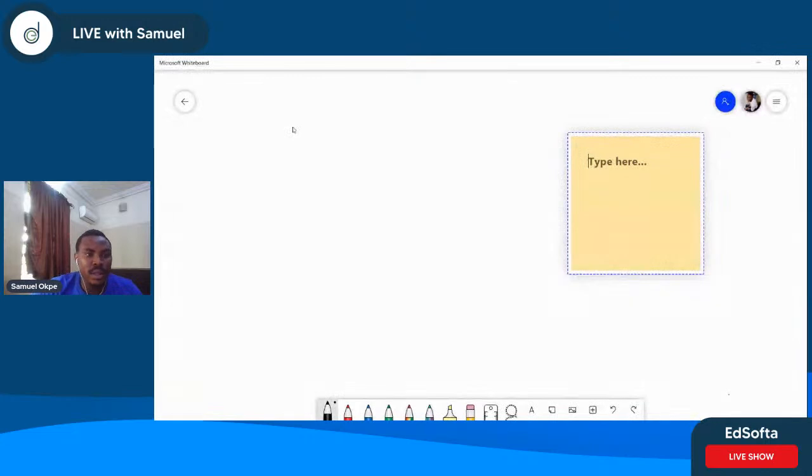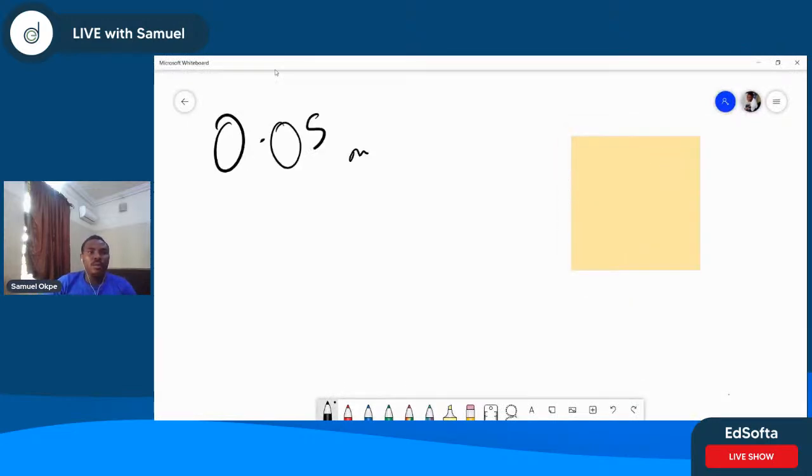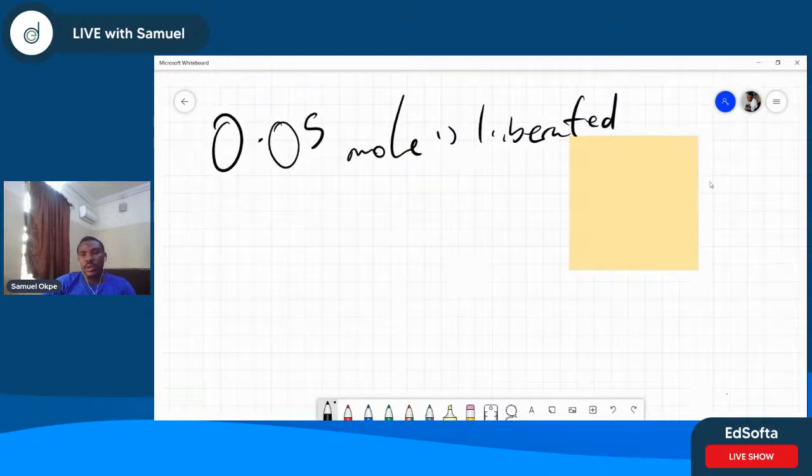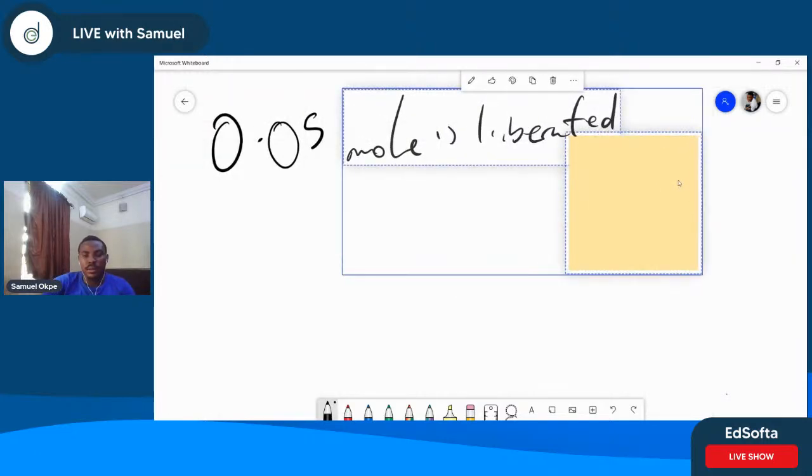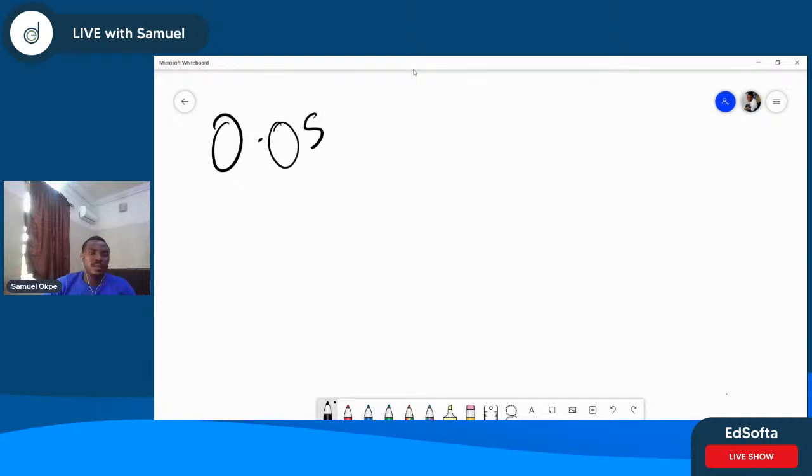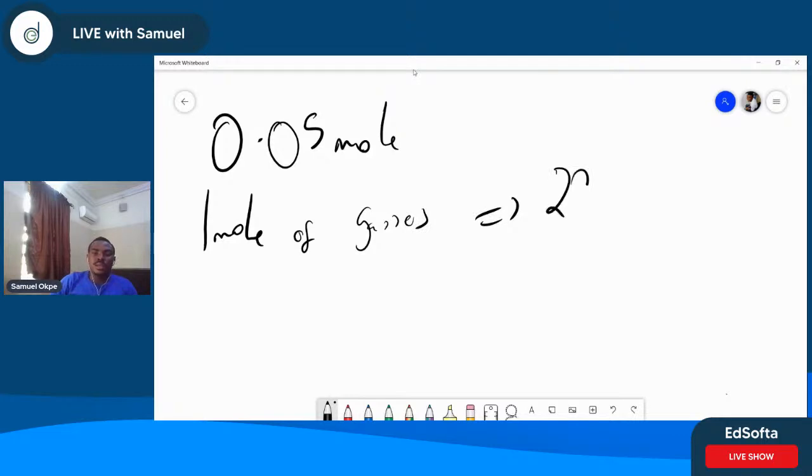So what we have is that 0.05 mole is liberated. Now, we know that 1 mole of a gas is the same thing as 22.4 dm cube at STP.